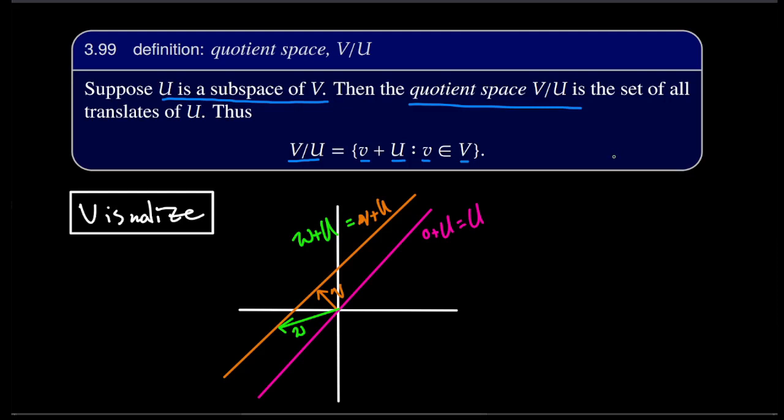Let's define the scalar multiplication. But to do that, we're going to have to prove some properties about putting together translates and how they work. That is, we'll have to see what goes on when you get the same kinds of situations like this, when v and w give the same translate of a subspace U. All right, let's see what happens.